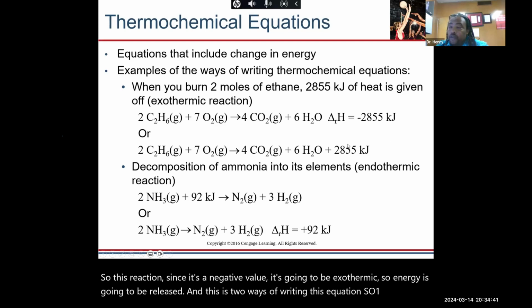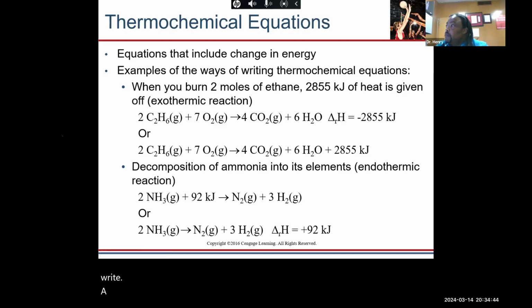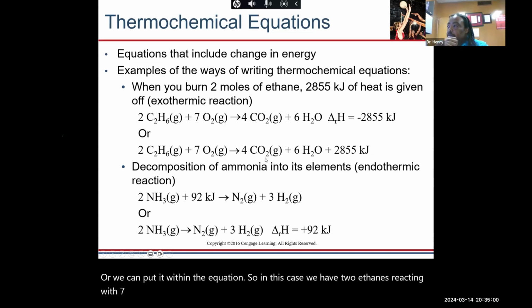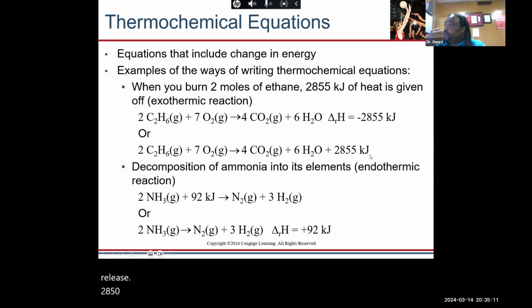We can write a thermochemical equation by putting the enthalpy on the side, or we can put it within the equation. In this case, we have 2 ethanes reacting with 7 oxygens. It's going to yield 4 carbon dioxides and 6 waters, and it's going to release 2,855 kilojoules of heat. Again, this is an exothermic reaction.